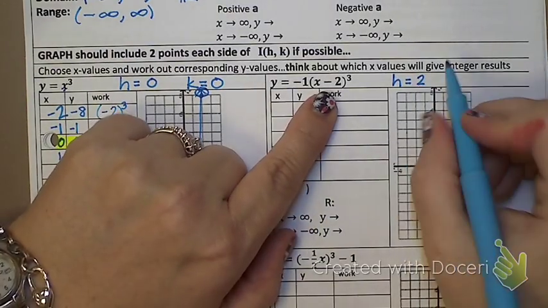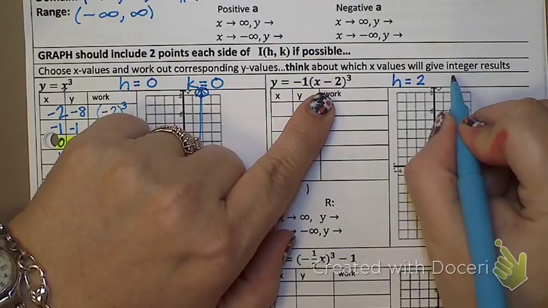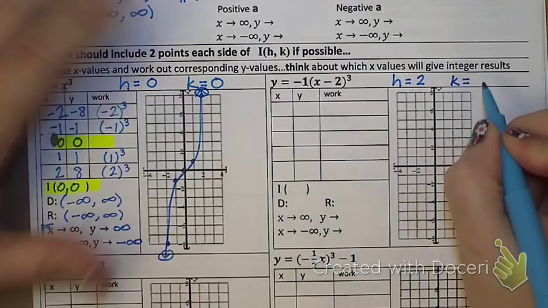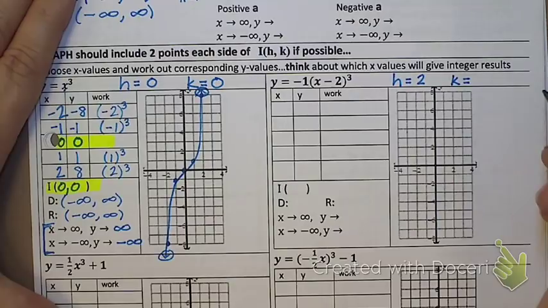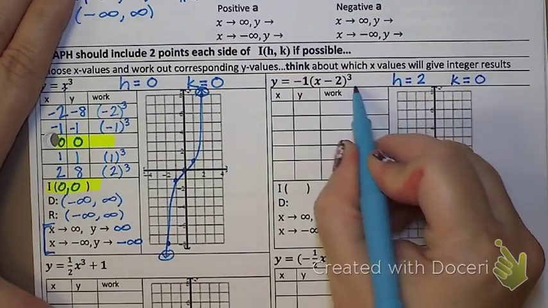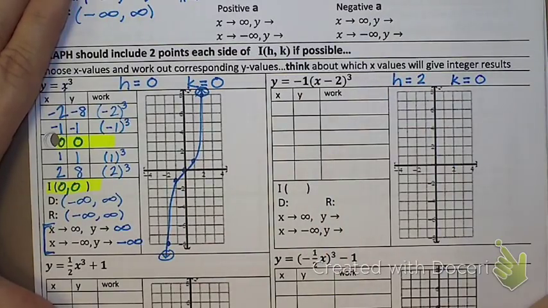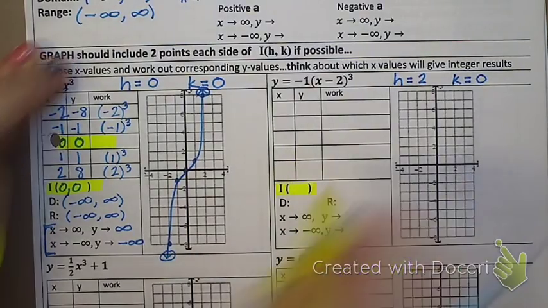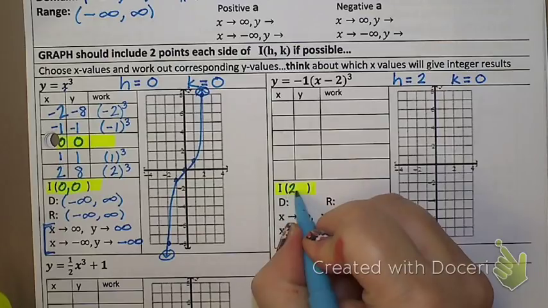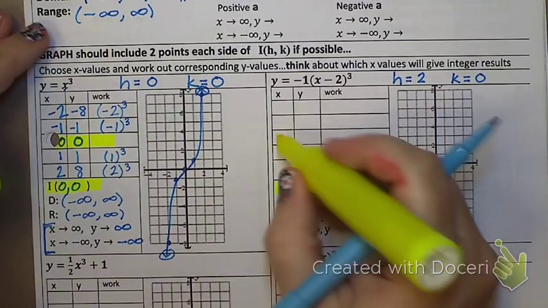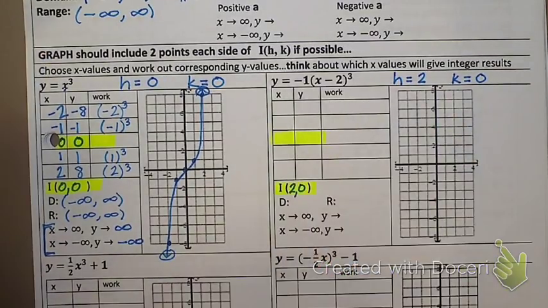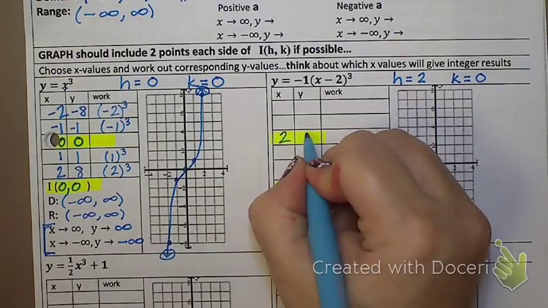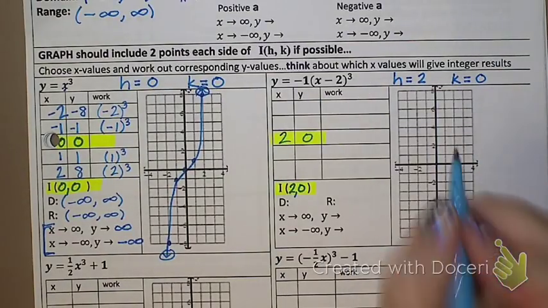We'd call it a positive 2. What is my k value? 0. There is no k value because there's nothing hanging out there. What's my inflection point? 2, 0. And I'm going to put 2, 0 right in the middle there, yeah? Now, how do I come up with x values around there?